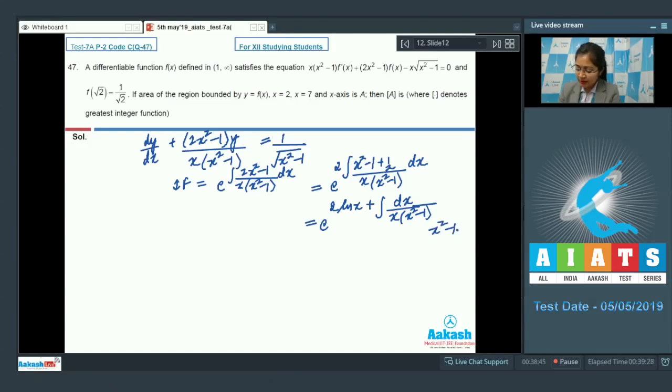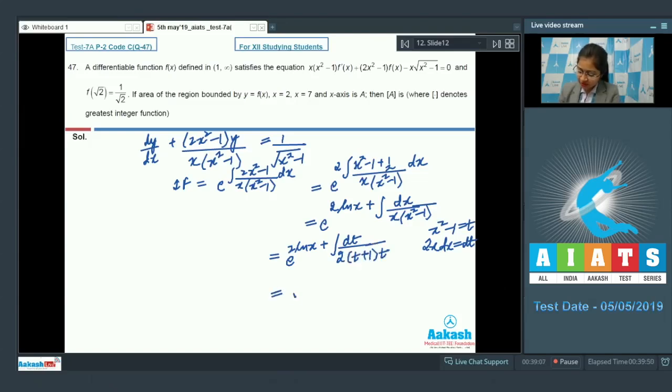Here let us take x square minus 1 equal to t. So we will get 2x dx equal to dt. So we will get e raised to the power 2 times ln x plus integral dx will be written as dt divided by 2x square, that will be (t plus 1) into t.